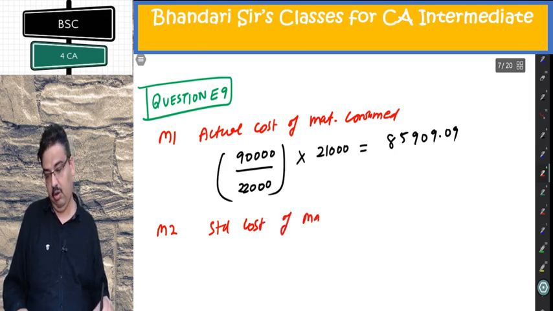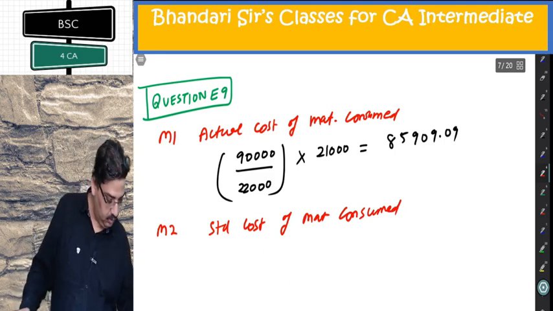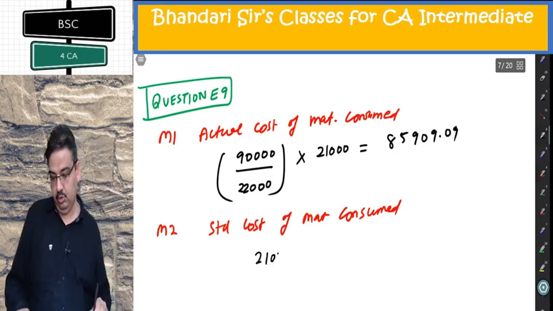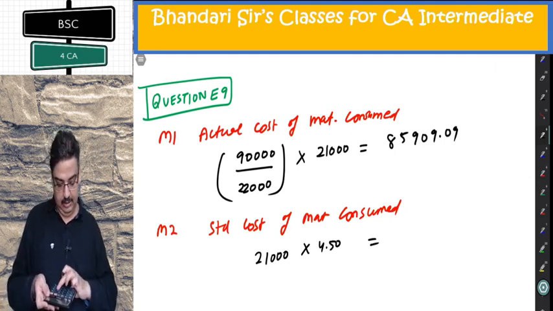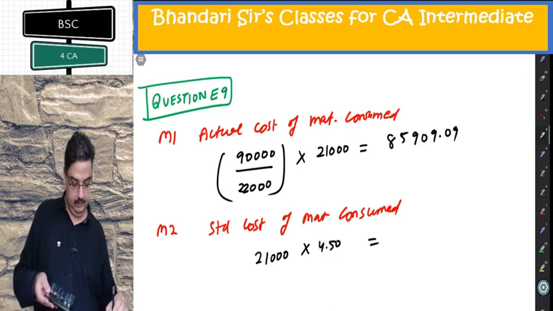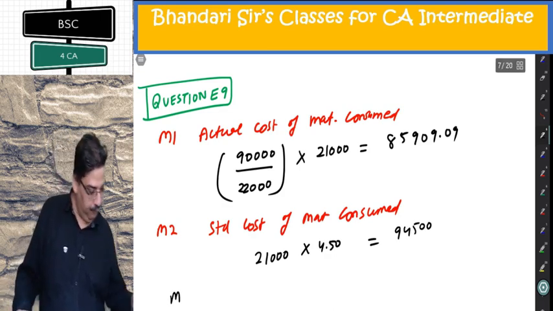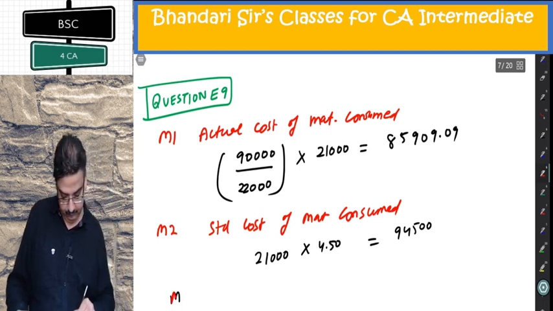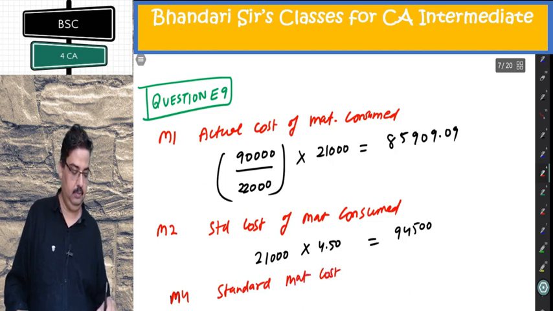standard cost of material consumed. 21,000 consumed at the rate of 4.50 per piece. 21,000 into 4.50, 94,500. M4, standard material cost for actual production.